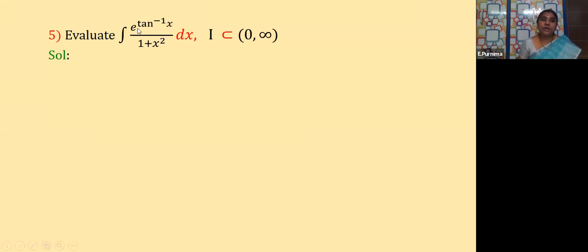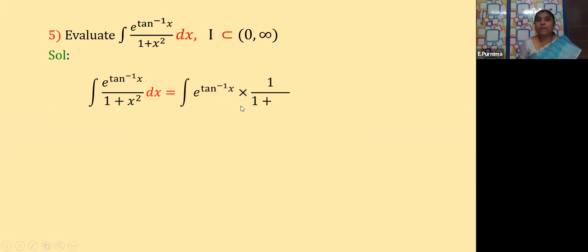Again here also we don't have any direct formula like this. So what we do here, children, if you observe, in the denominator we have 1 plus x square. So e to the power of tan inverse x by 1 plus x square is equal to e to the power of tan inverse x into 1 by 1 plus x square.